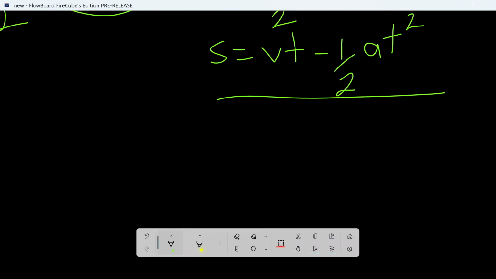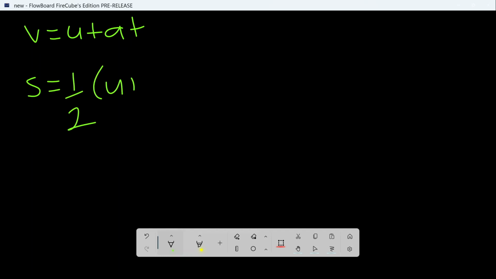And then we're going to form one more equation, starting again from just those two equations. So our two equations are v equals u plus at, and the other equation was s equals a half u plus v brackets t. So this time we're going to replace the t. We have v equals u plus at. Let's first make t the subject.